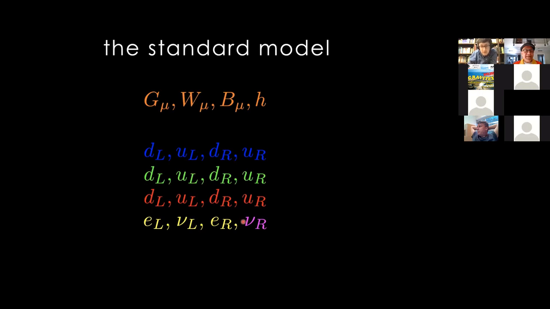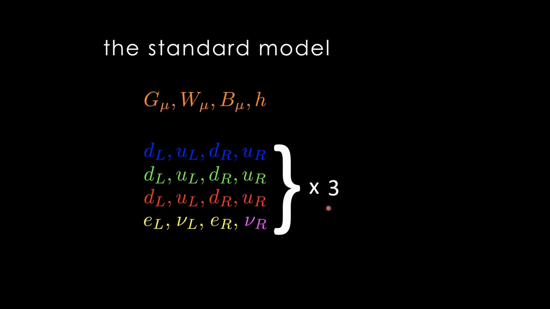What about if I include nu right? Well, the other thing I haven't mentioned so far is that the fermions come in three copies here. There's three generations of fermions, so there's really three right-handed neutrinos now. It turns out that we know that two of them cannot be the dark matter because they necessarily decay. They're not stable. But the third one could be; it's compatible with everything we know that the third one is stable.